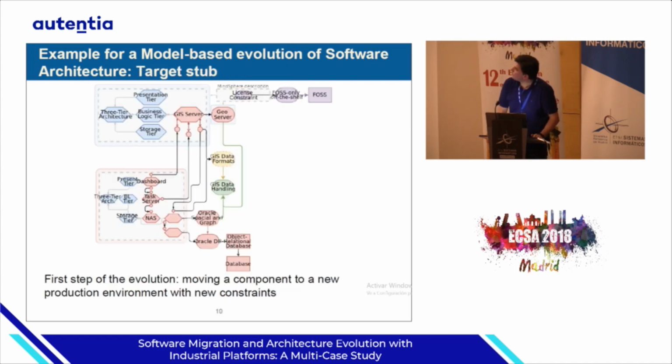Now, if we want to move part of our legacy application to a new deployment environment, in this case our GIS server, we have taken a choice to replicate a 3-tier architecture there. The links to the previous legacy components still remain, but the GIS server is now deployed in a new platform, and that platform has, among other attributes, a constraint that all off-the-shelf components that are deployed there need to be free open source software.